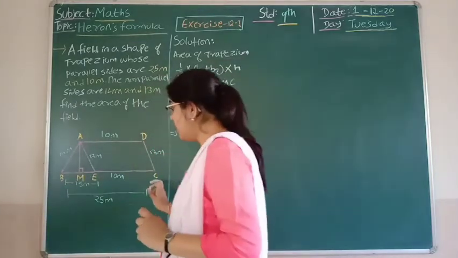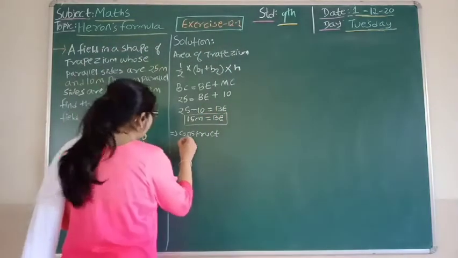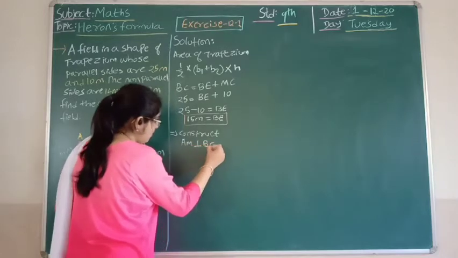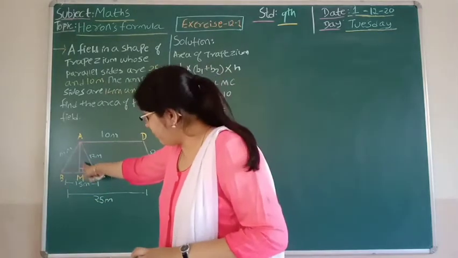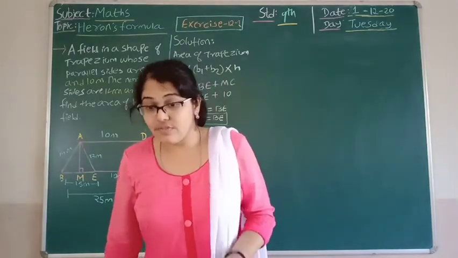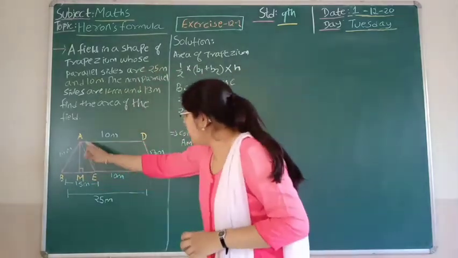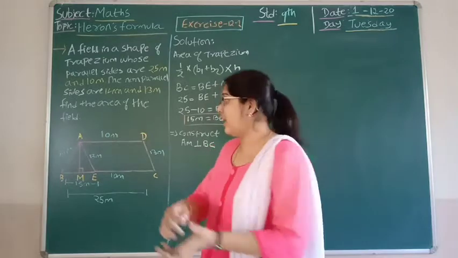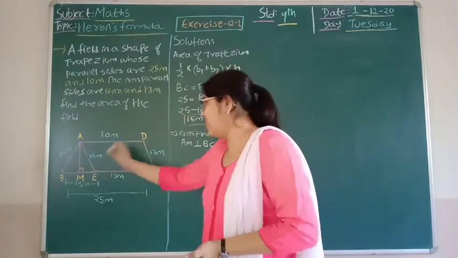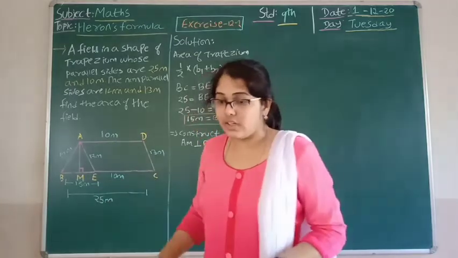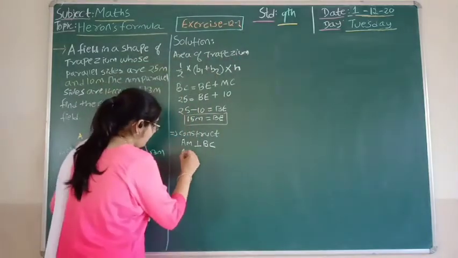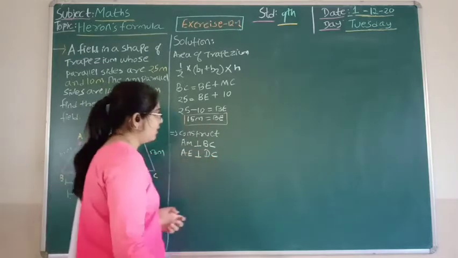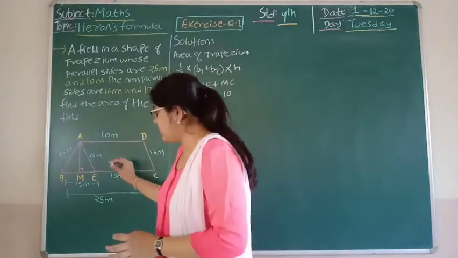AM is perpendicular to BC, and from that we are able to find the height. The next thing we constructed is that AE is parallel to BC, and we have seen that they have equal sides. So even DC will be 13. I can write AE parallel to BC. I have already constructed this in this figure, but I have written over whatever things I have constructed.